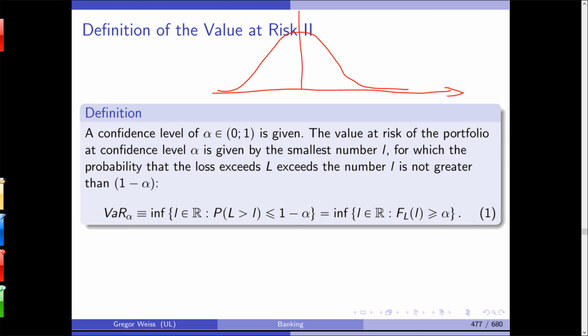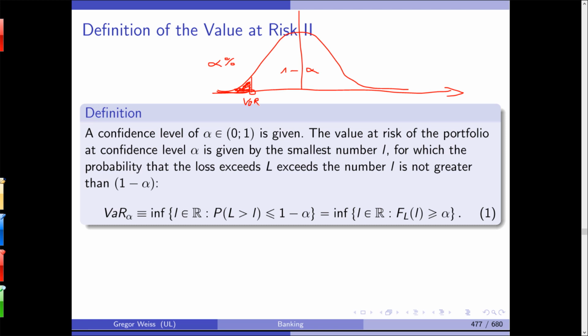What is the alpha percent quantile? It's the point on the x-axis, you should know this from your statistics class, for example here, such that this space here is alpha percent probability, and this here is 1 minus alpha percent. It separates alpha from 1 minus alpha probability mass. So this point here on the x-axis, that's the alpha percent value at risk.